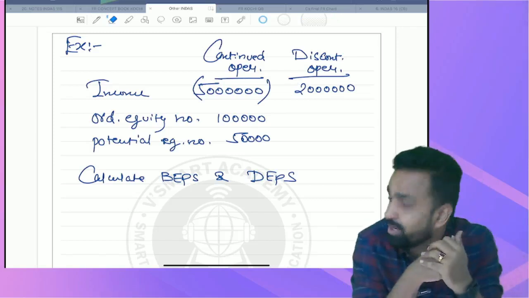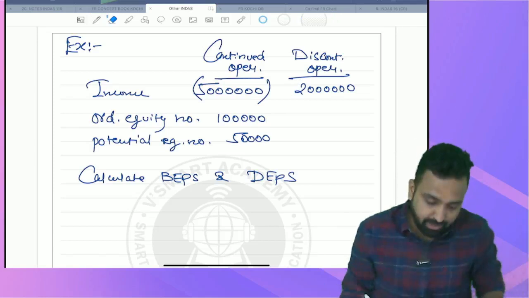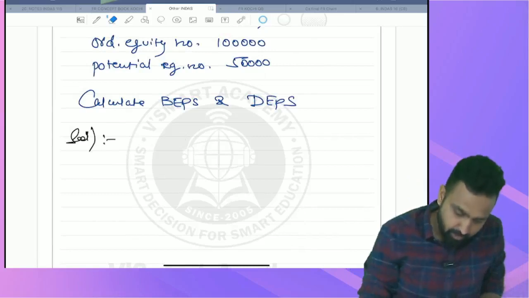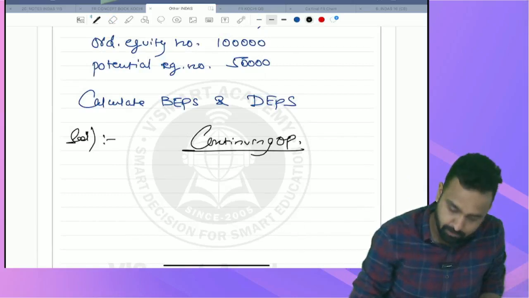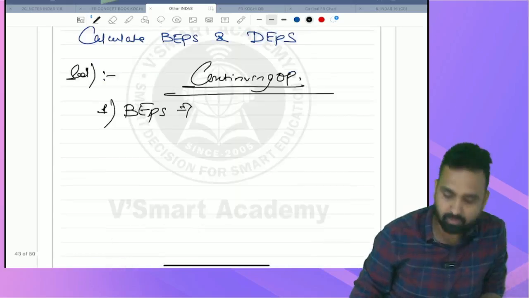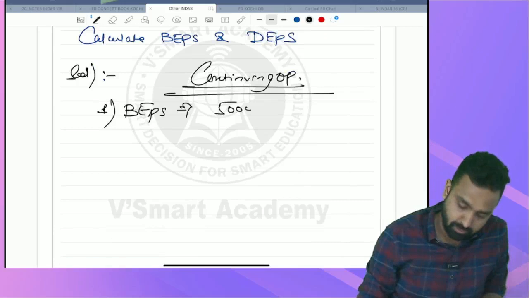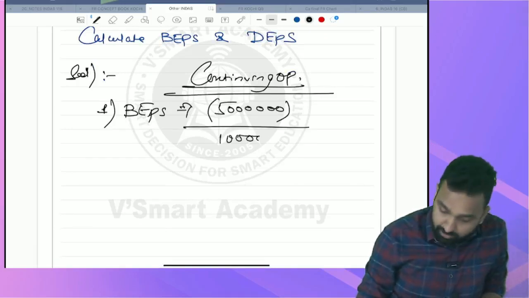Now the continuing operation is in loss, so the situation will be different. Okay, tell me what is the basic EPS? Let's calculate continuing operation first. What is the basic earning per share? Minus 50 lakhs divided by 1 lakh. How much?